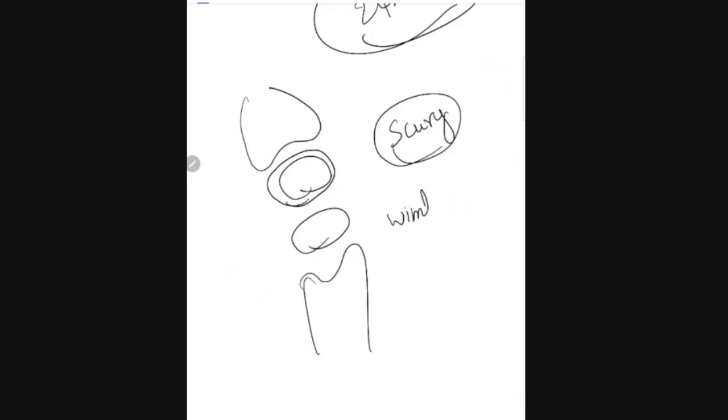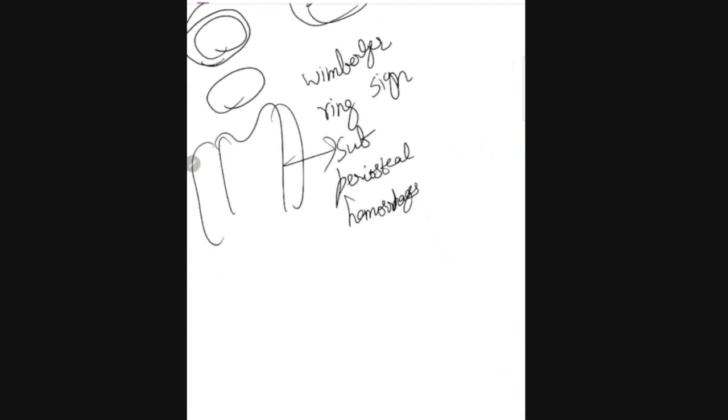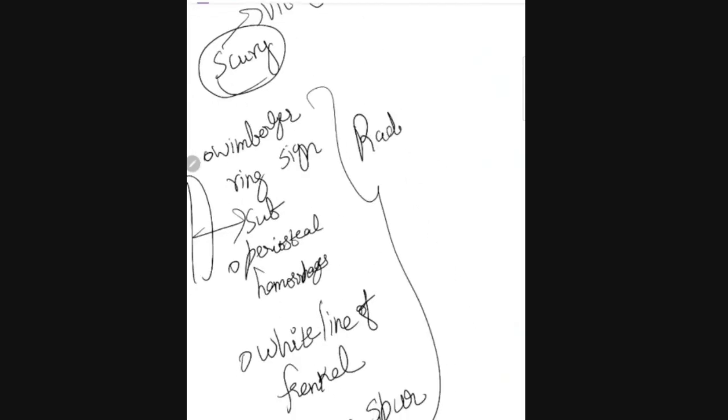That produces a ring-like appearance, Wimberger ring sign, in case of scurvy due to vitamin C deficiency. Also, I'll be having subperiosteal hemorrhages, white line of Frankel, Trummerfeld zone, Pelkan spur. All these are radiological findings in scurvy.